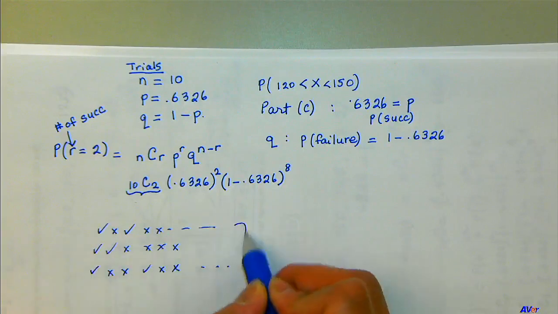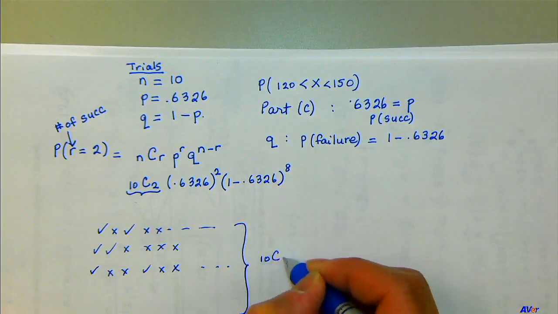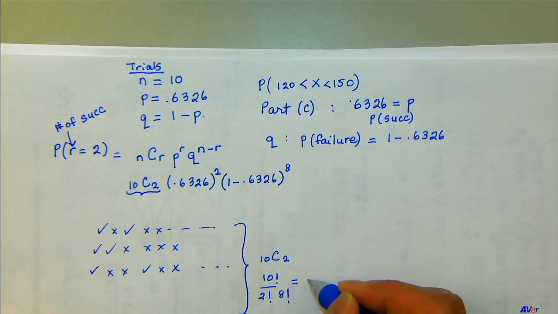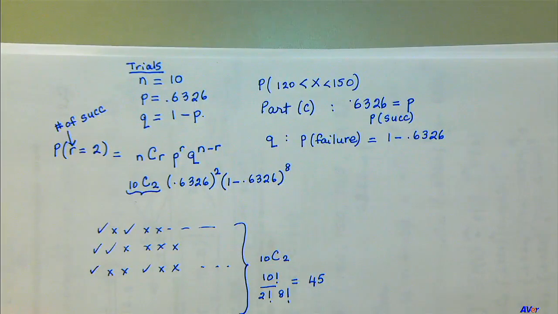And there are so many different combinations like that. How many will there be? 10 choose 2, which is 10 factorial over 2 factorial, 8 factorial, which is 90 over 2, which is 45. So there are 45 different ways to arrange the 2 who do have weights in that interval.